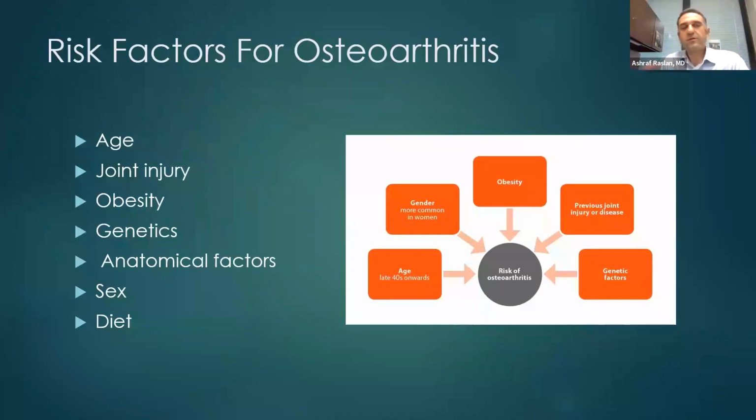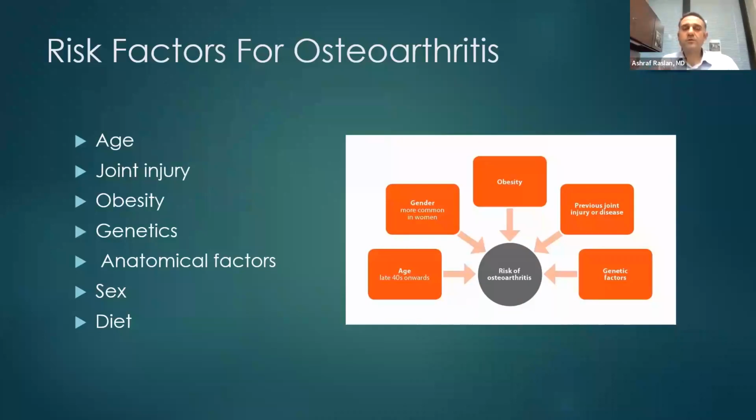So, for example, things to avoid are highly processed foods, fast food, frozen food, and foods that are very high in sugar or very high in animal protein. All of these things can promote more inflammation in the body that can lead to more joint damage.